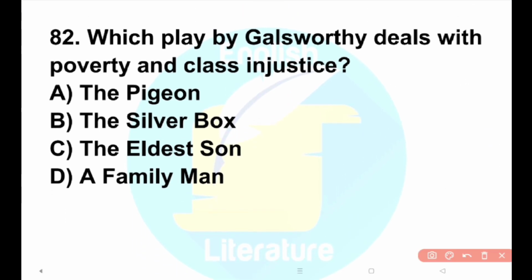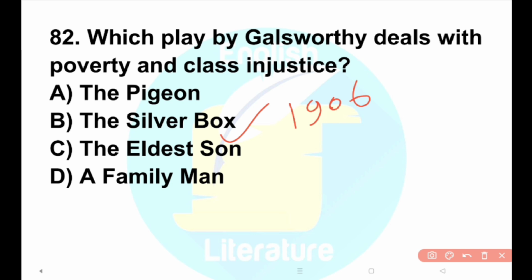Which play by Galsworthy deals with poverty and class injustice? Option B, The Silver Box. Released in 1906, the play contrasts the legal treatment of a poor thief and a rich one, directly addressing poverty and class injustice.